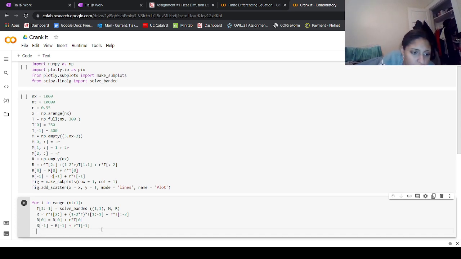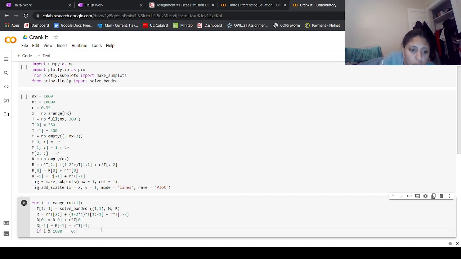Okay, so after this, we want an if statement. Actually, the if statement should be in line with that, because we want it within the for loop. So if our iteration percentage, let's make it this.